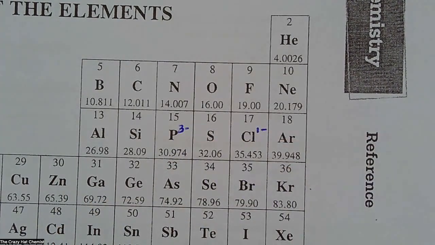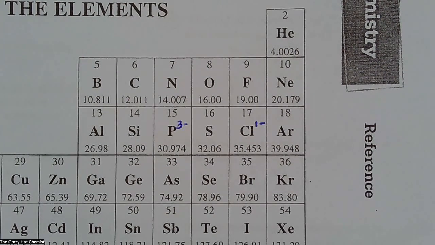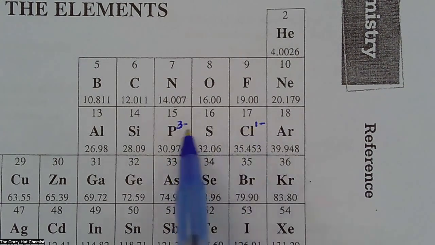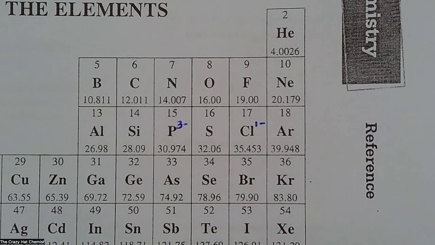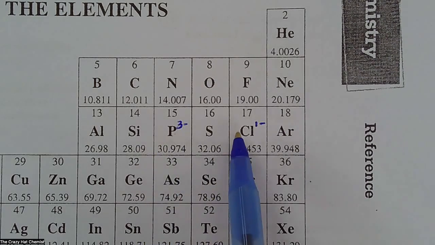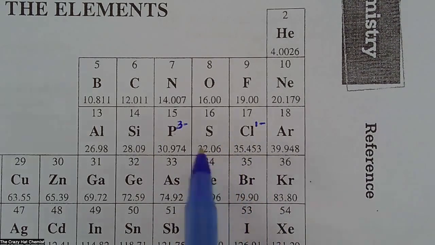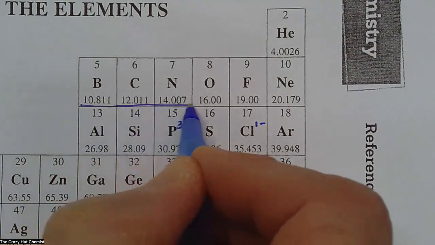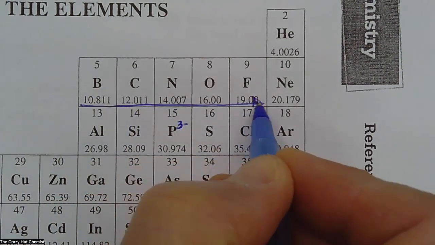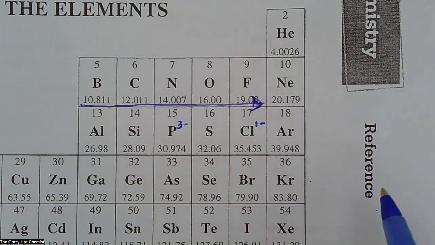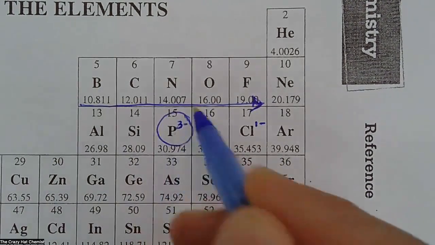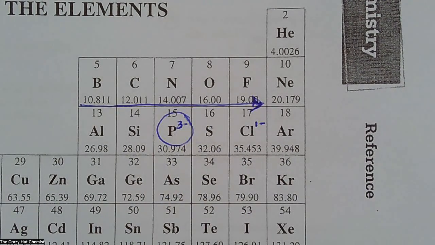Okay, and again, these 2 are both nonmetals. Since they're both nonmetals, and they have the periodic trend charges which they would be predicted to have, then I would just look at their periodic trends. And as you move to the right within a period, the size gets smaller. So consequently, the larger one of the 2 is the phosphide ion.